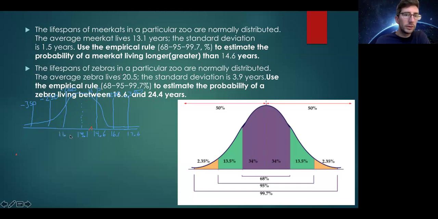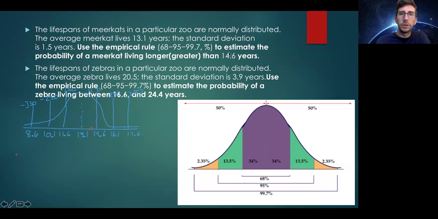We subtract 1.5 from our 13.1, we should get 11.6. We subtract another 1.5 from this 11.6, we get 10.1. And then if we subtract 1.5 from this 10.1, we would get 8.6. Okay, so we filled out what our distribution looks like for meerkat lifespans.